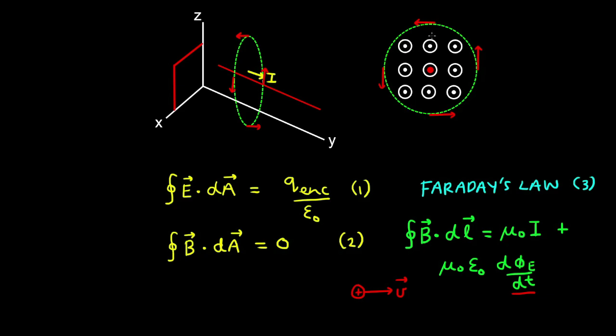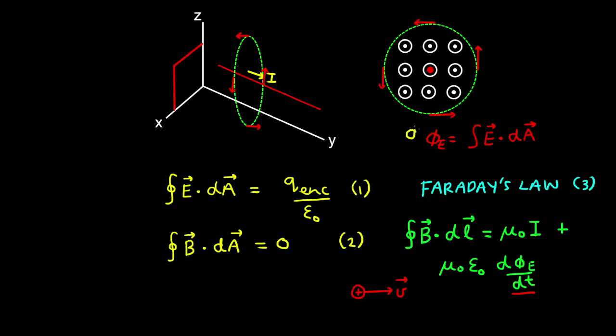and if we have electric flux going through this loop also, so remember that electric flux is the integral of the dot product between electric field vector and the differential area that it's going through.